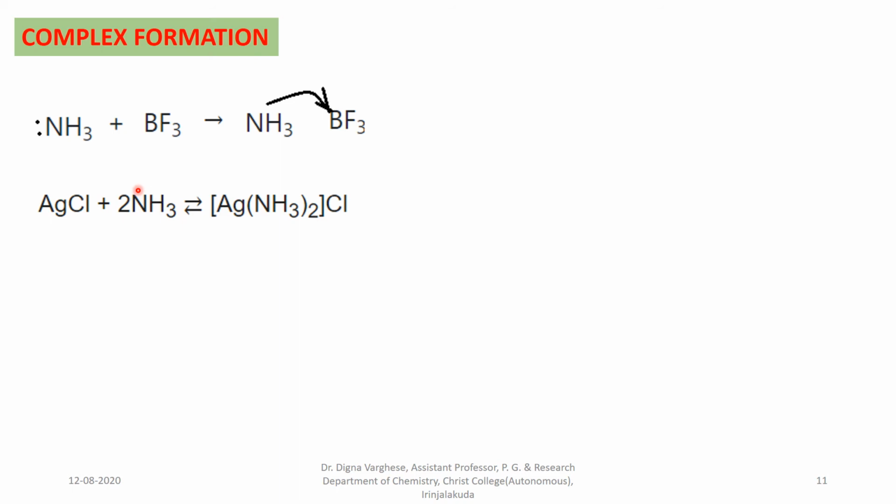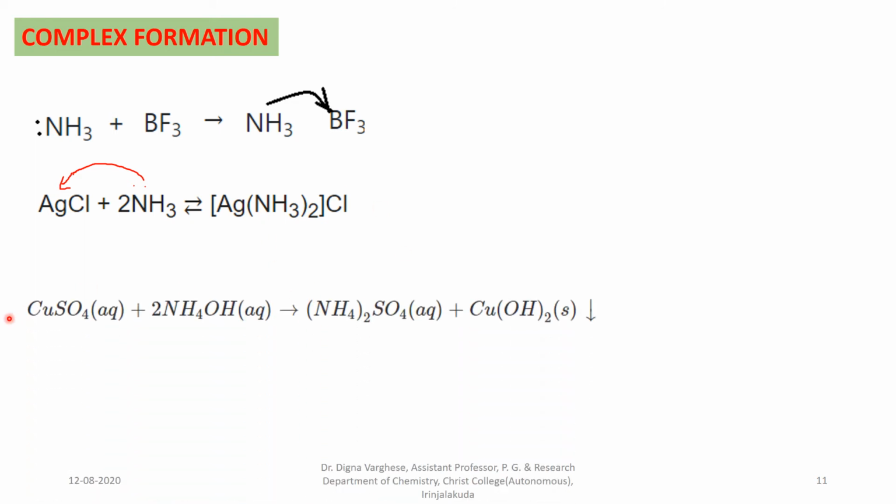The lone pair of electrons on the nitrogen is donated to the metal ion, forming a complex, that is the diamminesilver(I) chloride complex. It is a soluble complex, so it is a colorless compound.